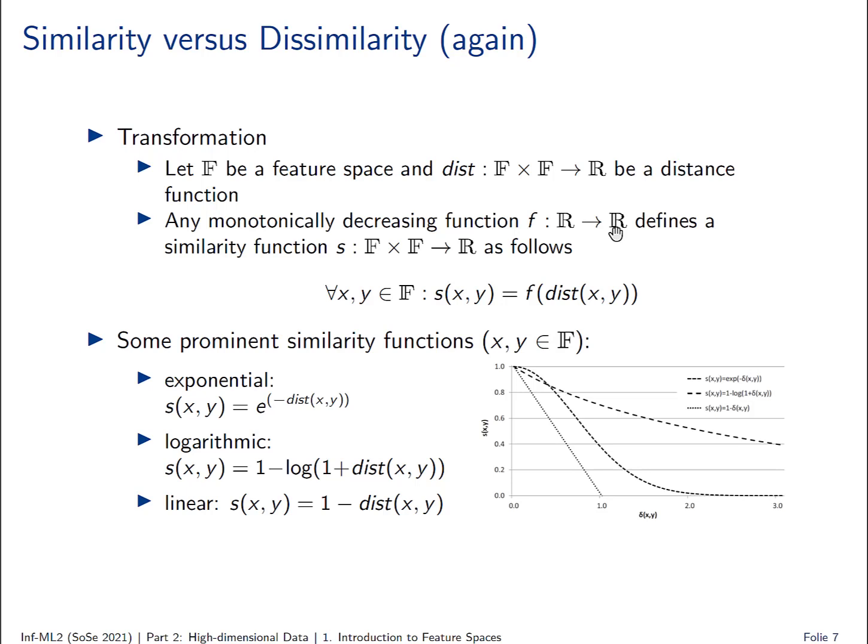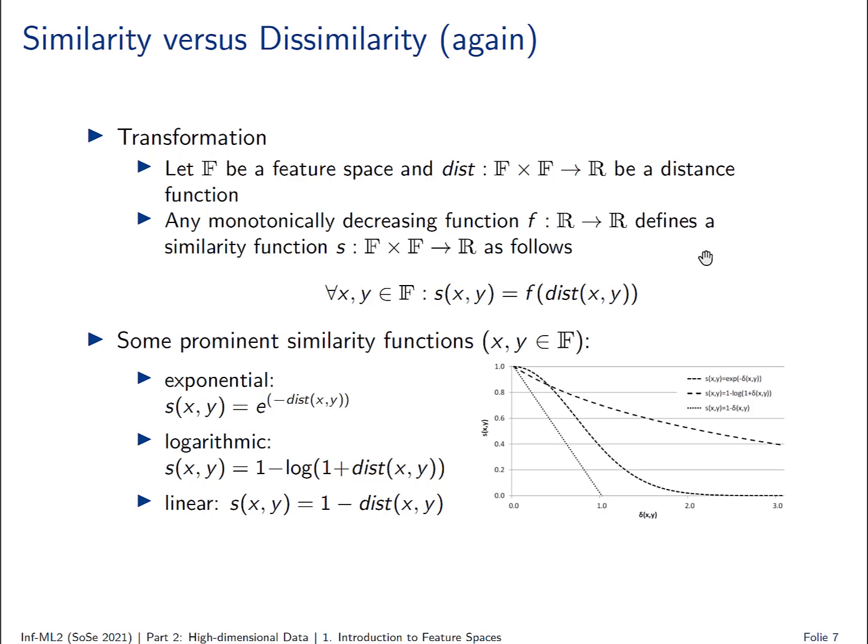The distance between an object and itself is 0, and the similarity between the object and itself is the highest possible value, whatever that is. So you see how to transform these different ranges of values that can come out of these different measures. This is typically the problem.